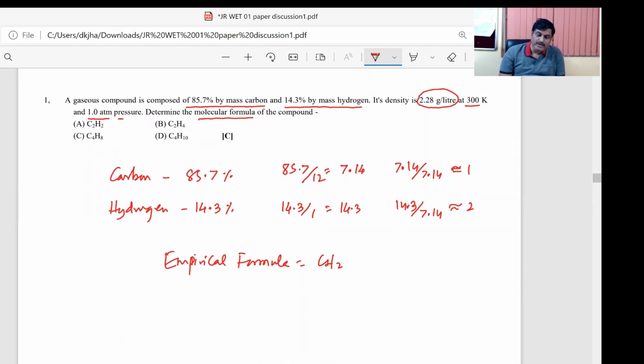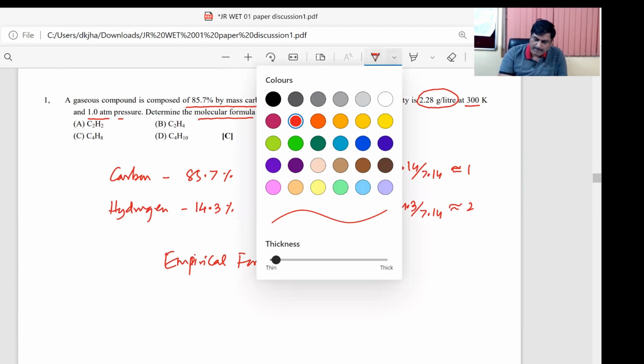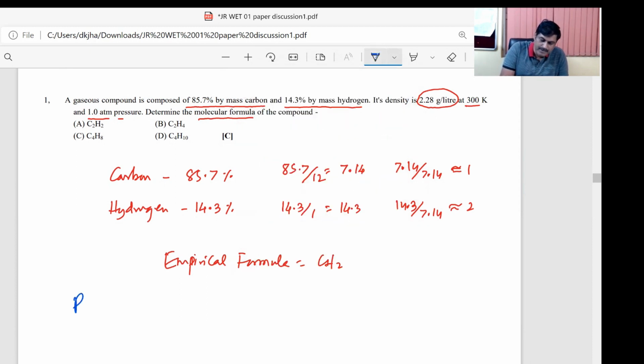Now the point is that you have been given the density. From density, how will you find the molecular weight? I hope you remember what I discussed. PV is equal to nRT, right? And PV is equal to weight by molecular weight into RT.